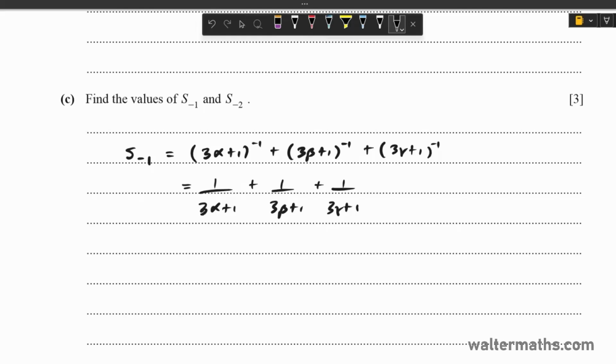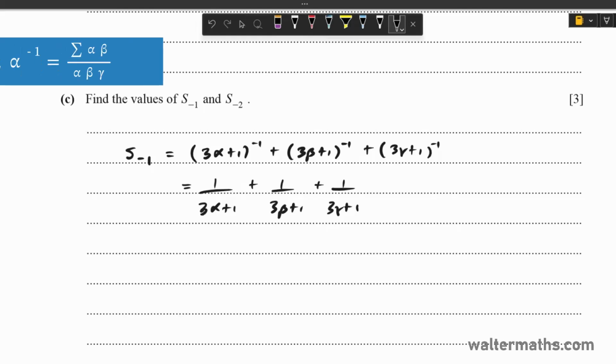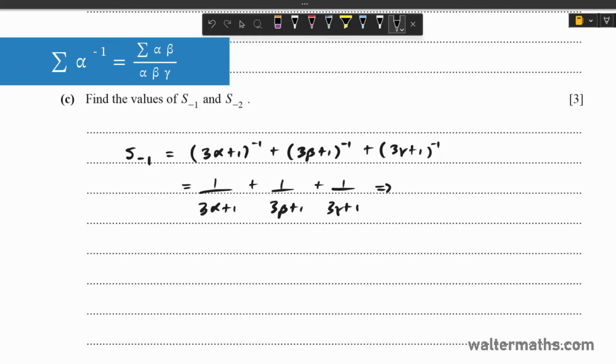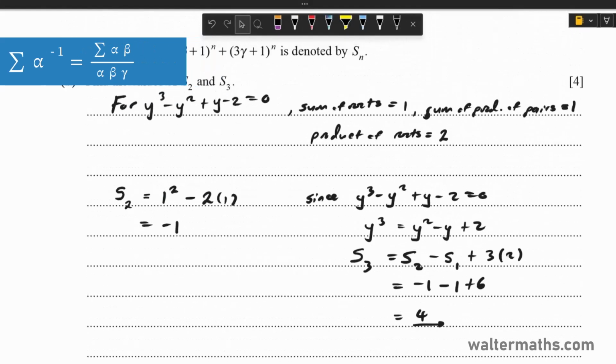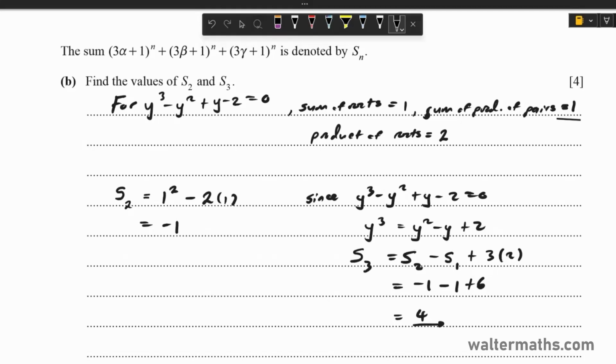So when you have something like this, you should know that it's actually the same as the sum of product of pairs over the product of roots. Okay, so the sum of product of pairs, according to what we got, is 1 right here.